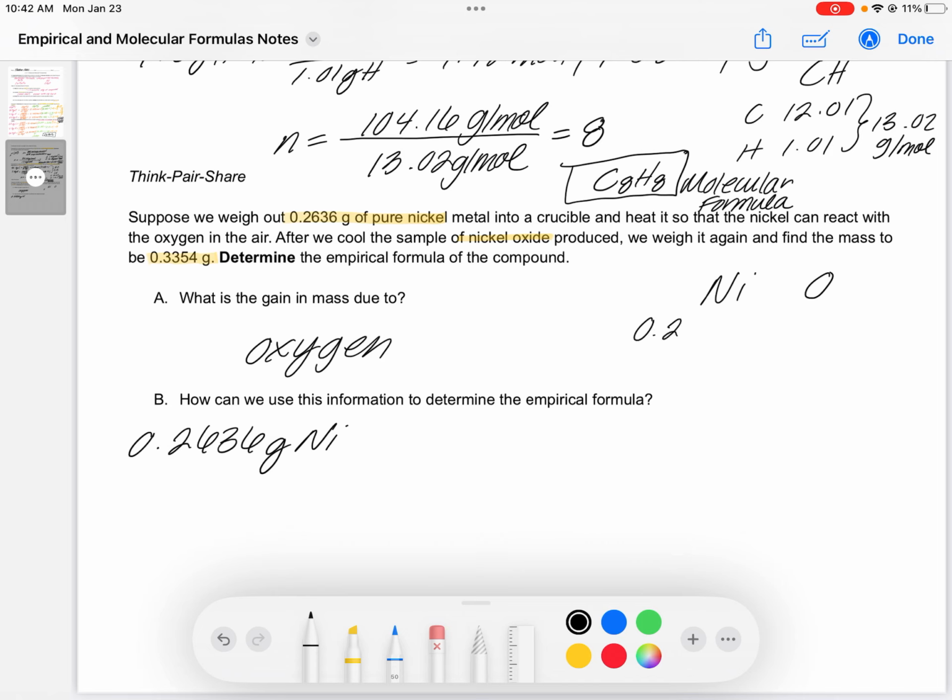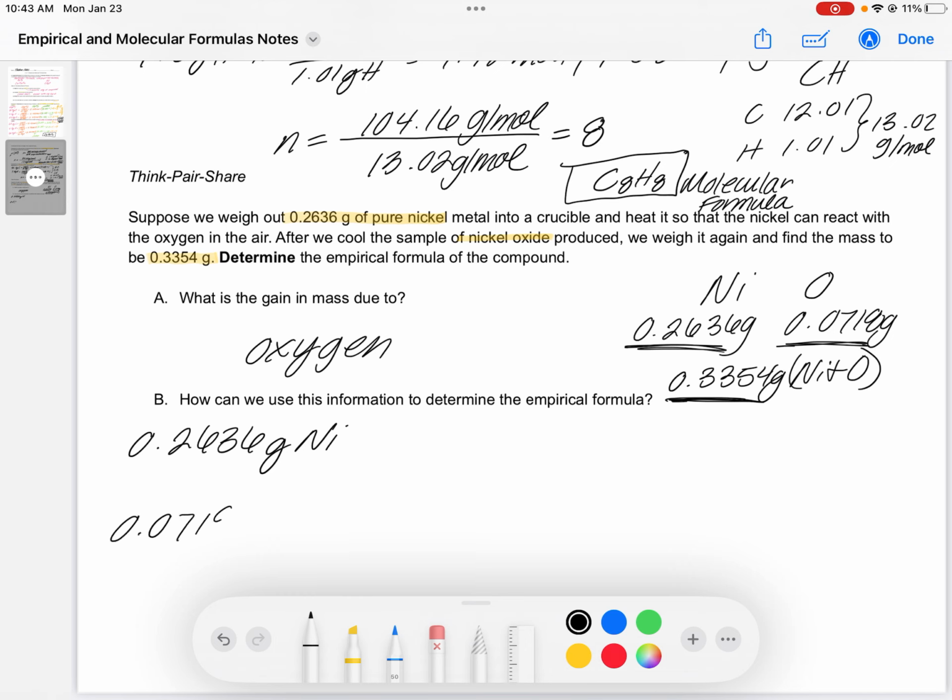If we know that nickel is 0.2636 grams and oxygen is our left out part here, but we do know that 0.3354 grams is nickel and oxygen together, we can subtract the two to find that oxygen is 0.0718 grams. So if this is nickel and oxygen all together, this is nickel, we subtract the two to find that this is oxygen. And so we know that nickel is that many grams and oxygen is this many grams.